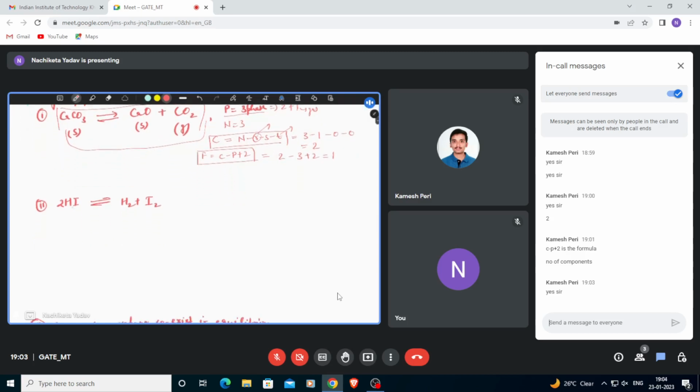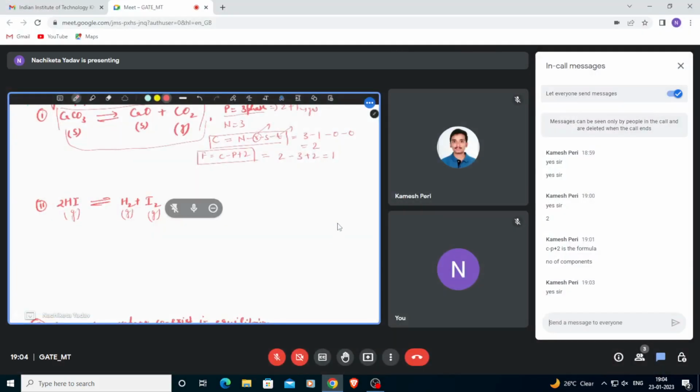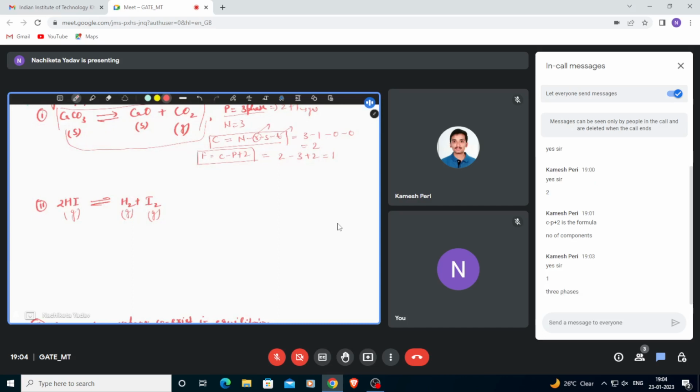Let me write. This is gaseous form. This is also in gas form. How many phases are present in equilibrium? Are you telling about the F value or three phases? How three phases? It is a single phase.